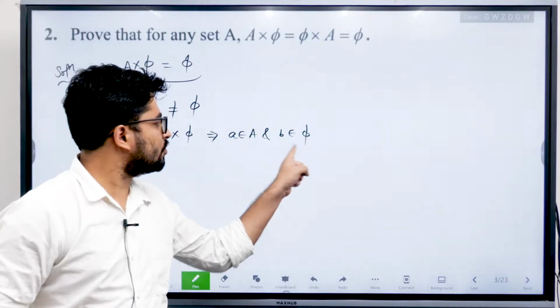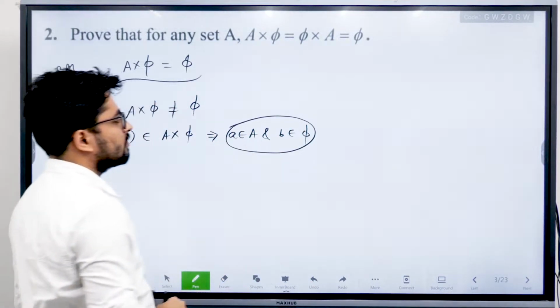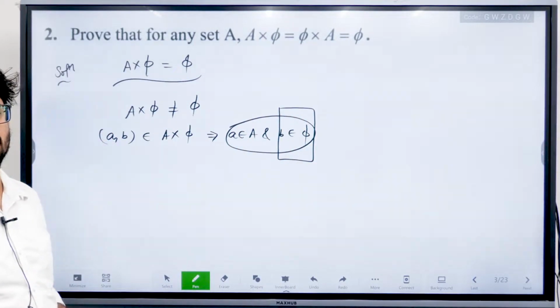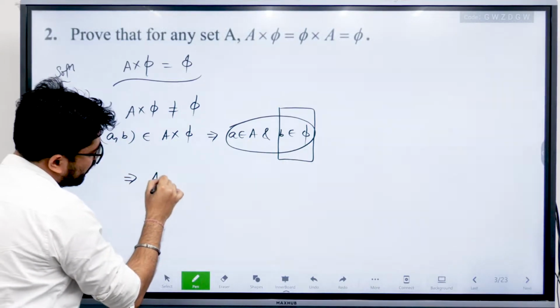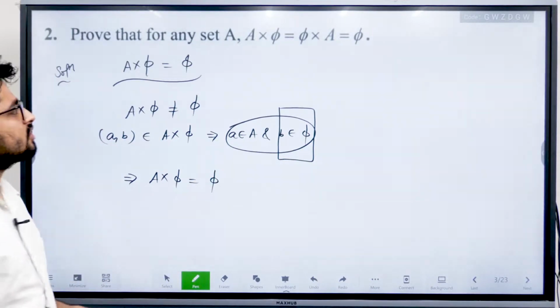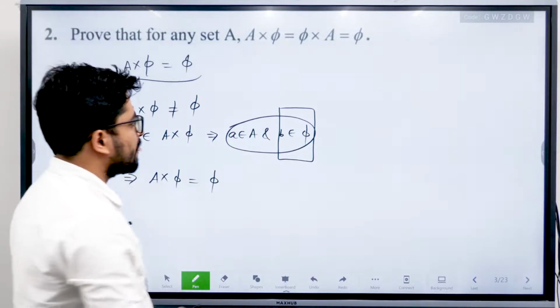But we know we do not have any element in the empty set. So we arrived at a contradiction, that b belongs to an empty set. So our assumption was wrong. So A cross empty set is an empty set. This is the proof for this one: A cross phi is the empty set.